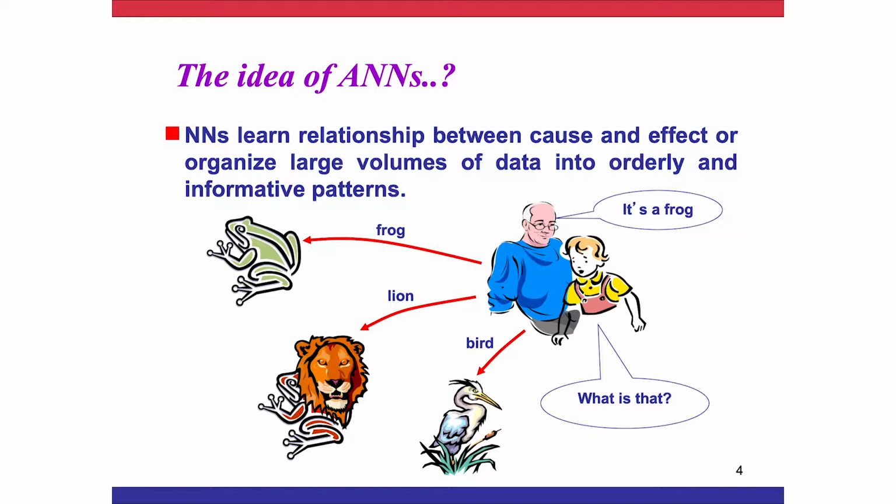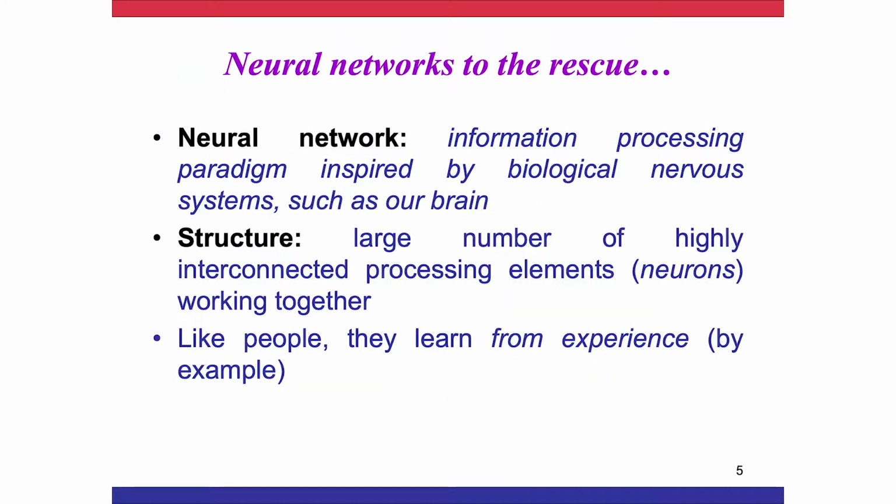And we are trying to develop the same model of abstraction, processing and coming to a conclusion based on our artificial neural networks in our computation problems. Fundamentally, we can define a neural network as information processing inspired by biological nervous systems, maybe our brain or central nervous system.